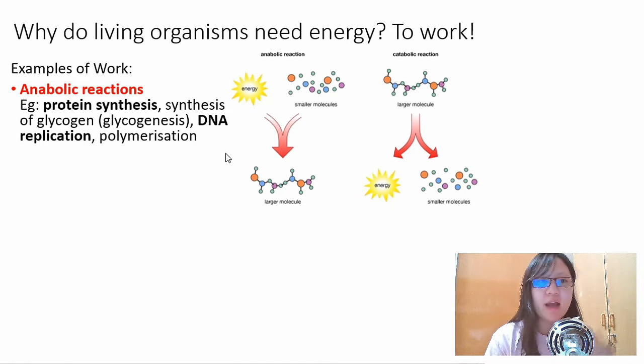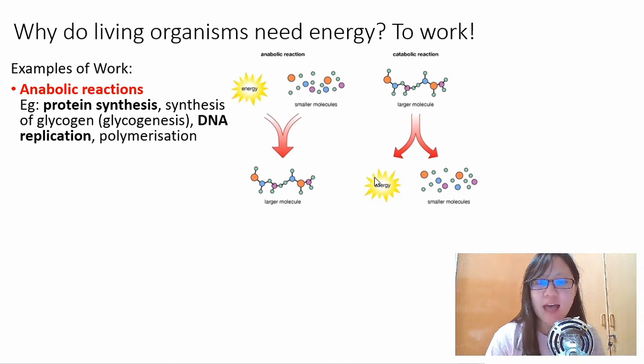For example, anabolic reactions. Anabolic reactions is the building of larger molecules from smaller molecules. The opposite of that is catabolic reactions, which is the breakdown of larger molecules to form smaller molecules.